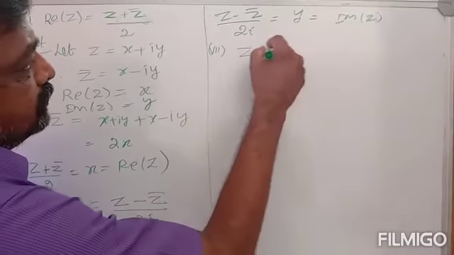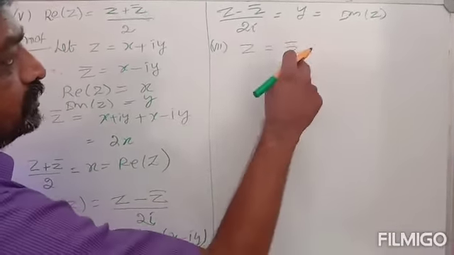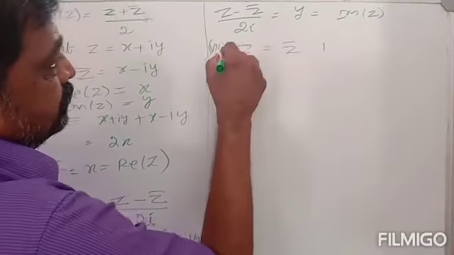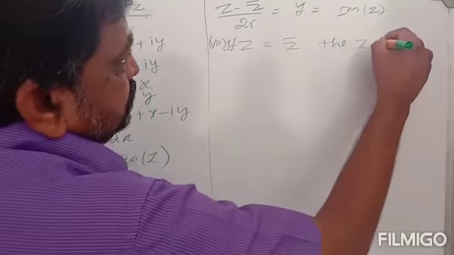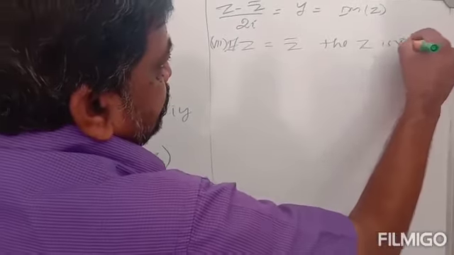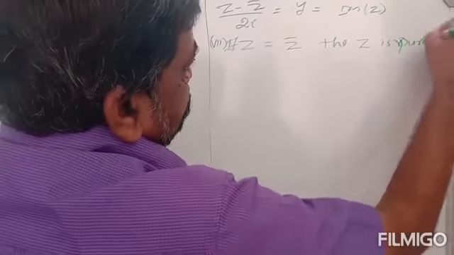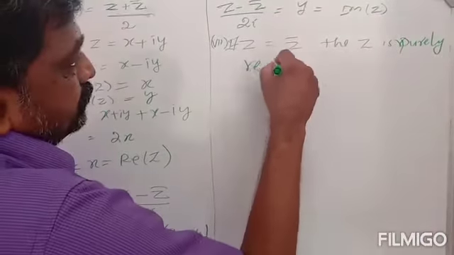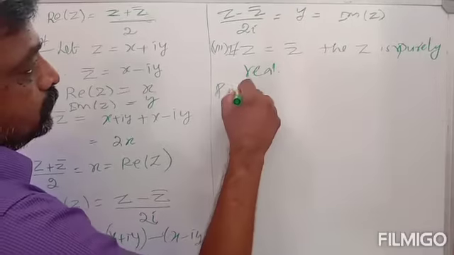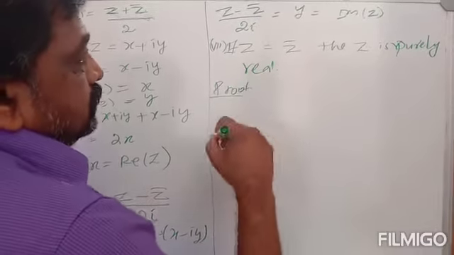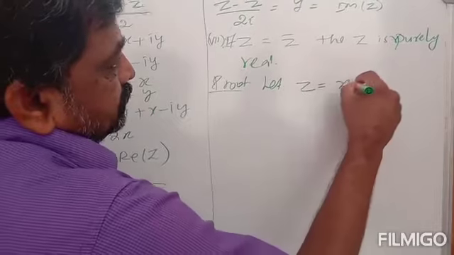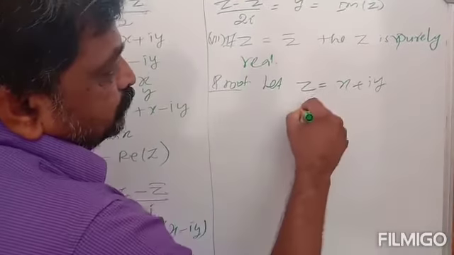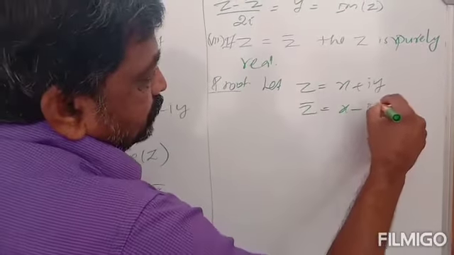If z is equal to z bar, then z is purely real. Proof. Let z is equal to x plus iy, z bar is equal to x minus iy.